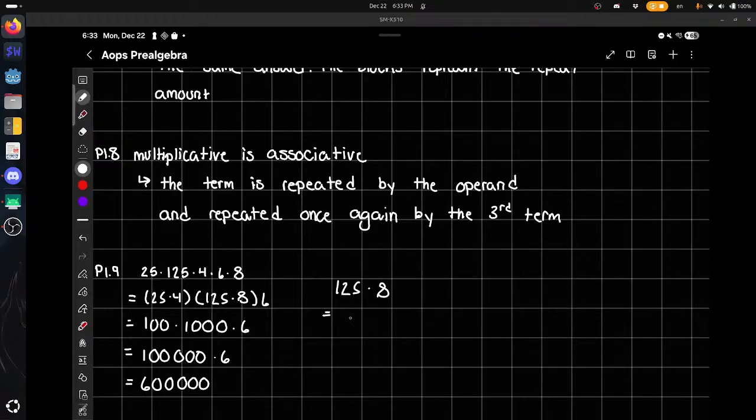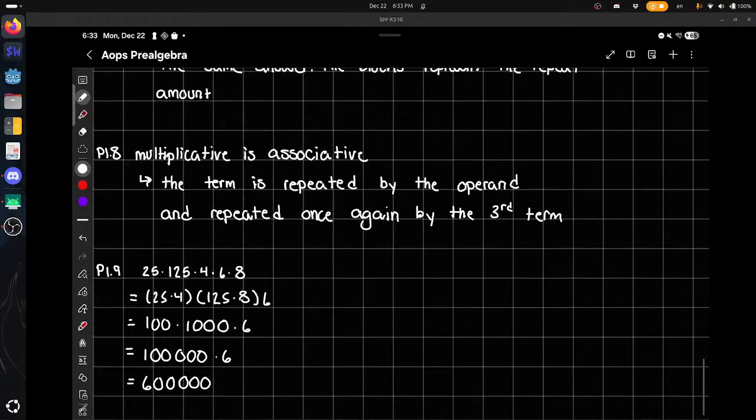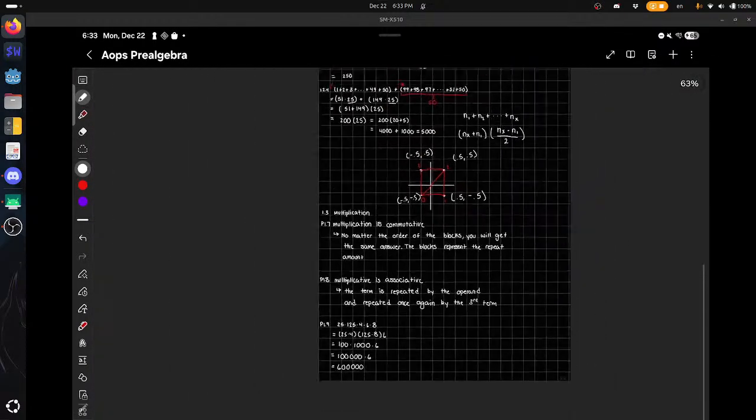Could have said 100 times or plus 8 or 25. 800 plus 2000. And then I would have realized that's 1000. Okay, so that's my answer. Let's move on to the next problem.